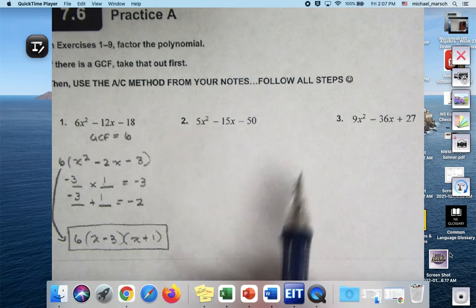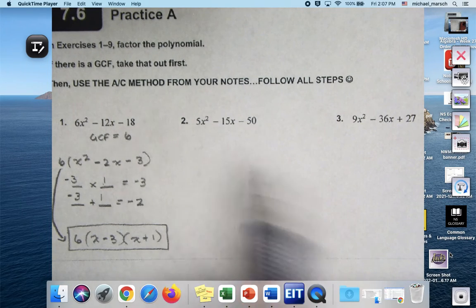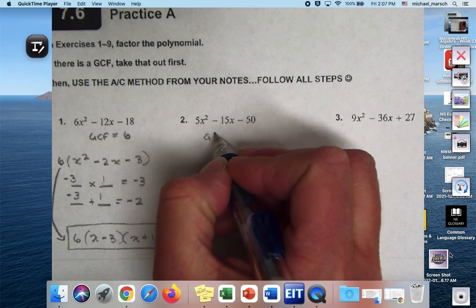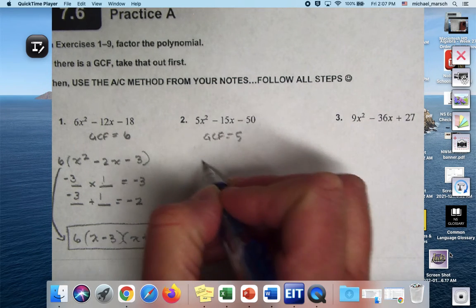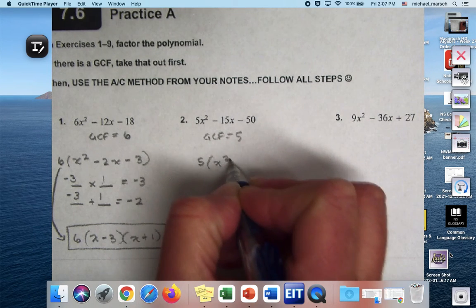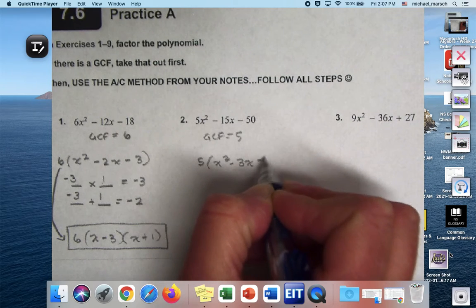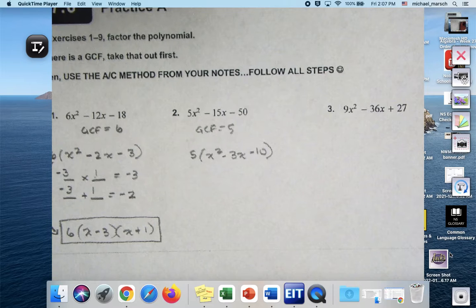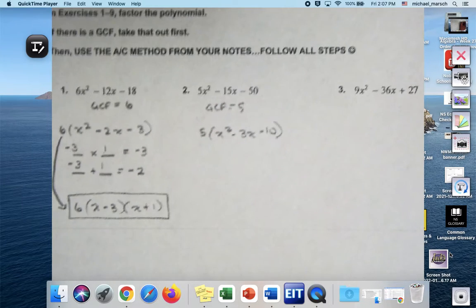Okay, let's look at number 2. Do I have a greatest common factor? It's 5. So do we do the same thing? Yep. Go ahead and work this one out by yourself.